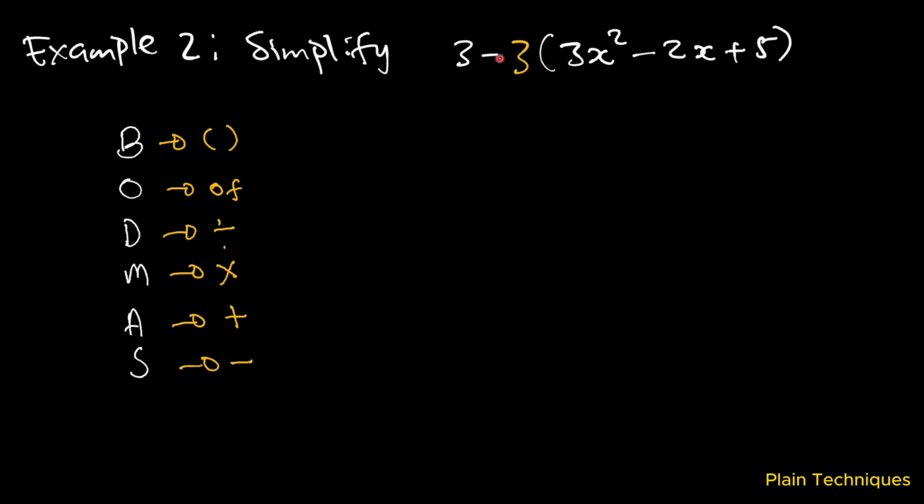Okay, now what does it mean? It means that when you are given an expression and you are expected to simplify that expression, right? The first thing on that expression that you need to simplify is the part that contains brackets, right?